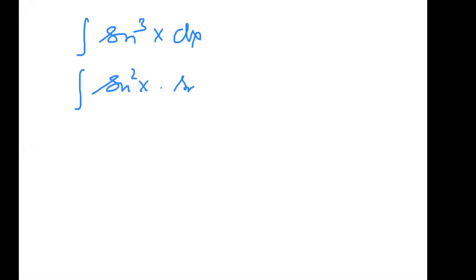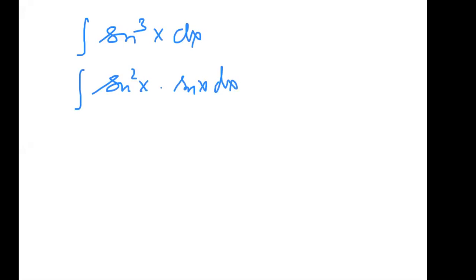So this question I'm taking now, trigonometric questions. We are starting trigonometric questions. So for that, sine cube x can be written as sine square x into sine x dx.